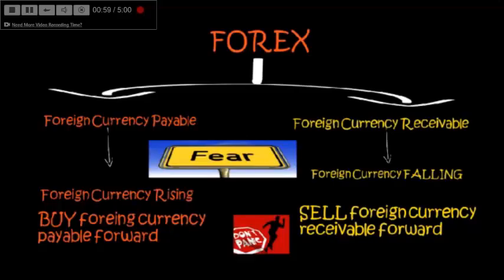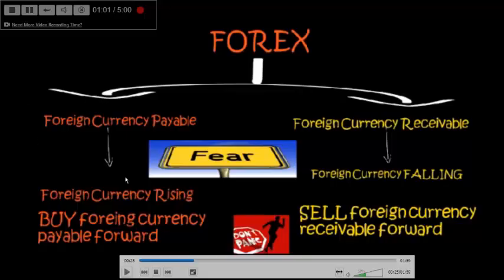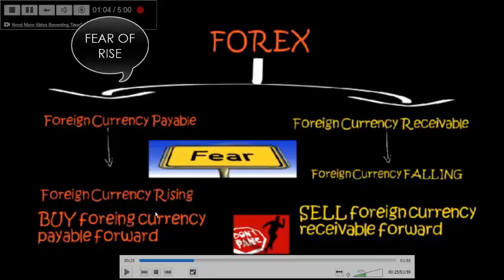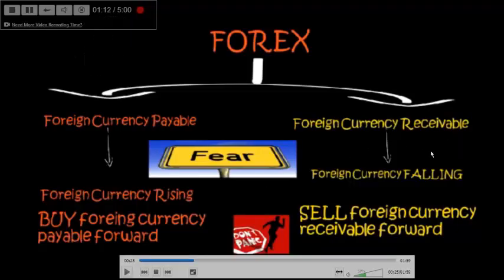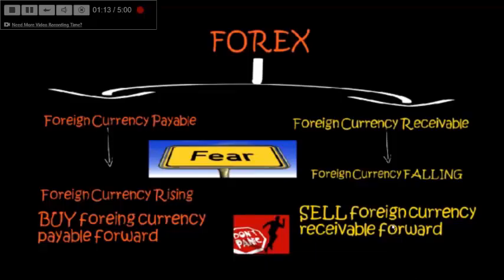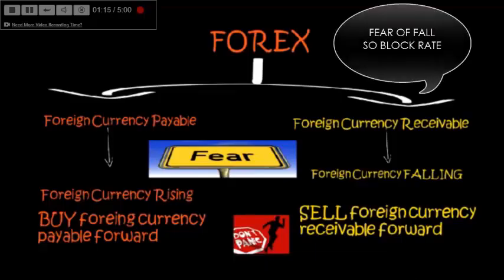Whenever there is foreign currency payable, in order to avoid the risk or uncertainty, I buy the foreign currency payable forward. And whenever I have foreign currency receivable, I sell the foreign currency receivable forward. So that was hedging via forward contract.